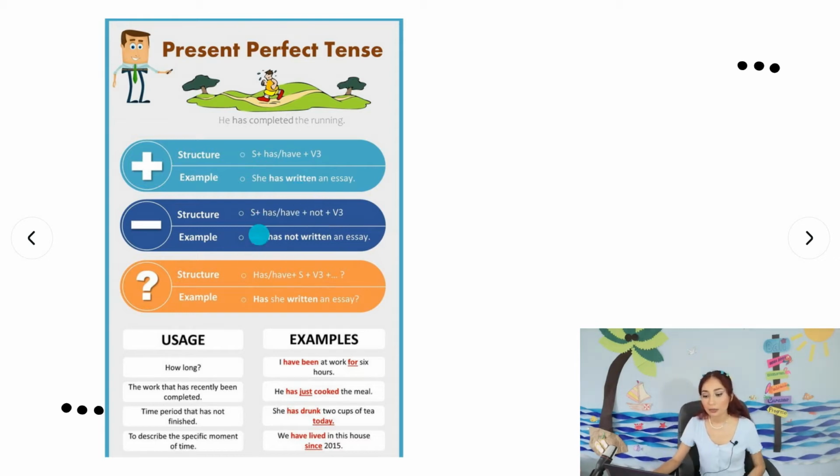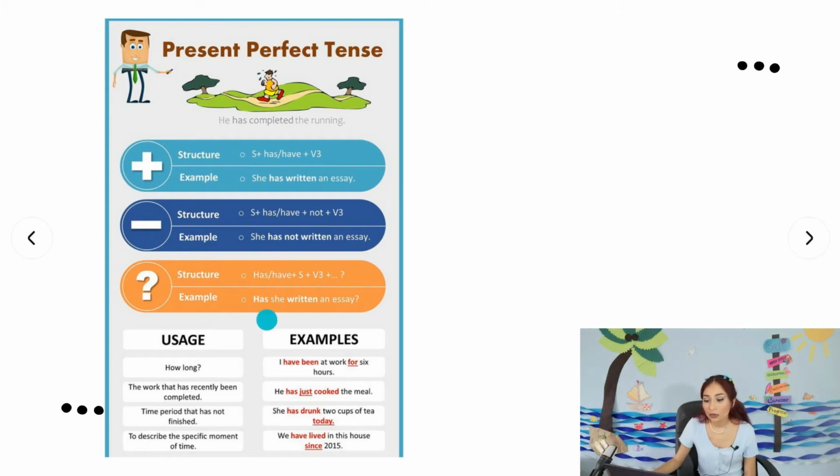For the negative structure: subject, has or have, and next to it you need to add not. She has not written an essay. What about the questions? If we want to write a question in present perfect, remember that most of the time in questions we change the order between the auxiliary verb and the subject.